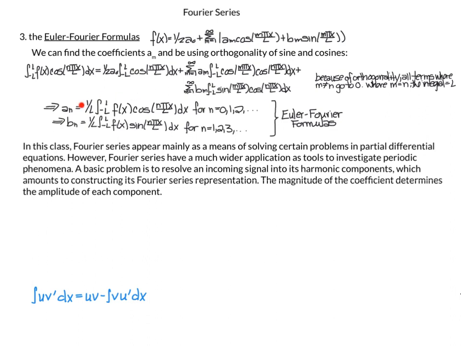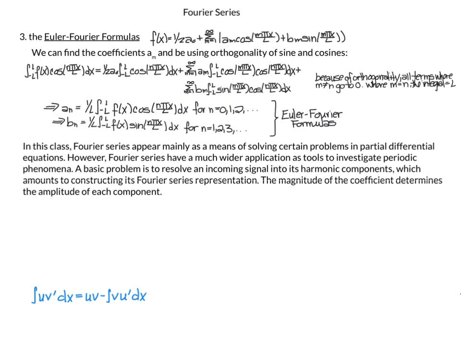What we got were these two formulas, the Euler-Fourier formulas, to find the coefficients: a sub n, the coefficient in front of cosine, is 1 over L times the integral from negative L to L of f of x cosine of n pi x over L dx, and b sub n is 1 over L times the integral from minus L to L of f of x sine of n pi x over L dx. Again, we used orthogonality and the integral in order to find these formulas.